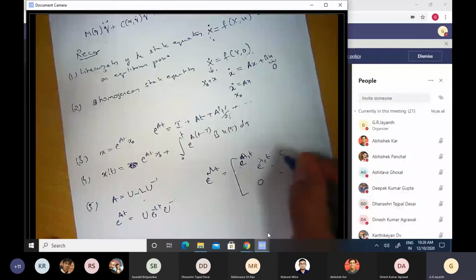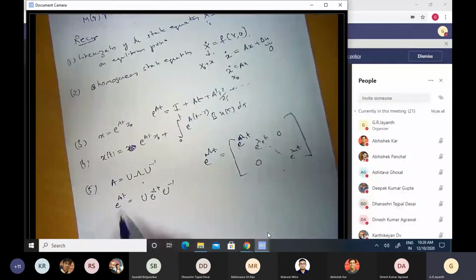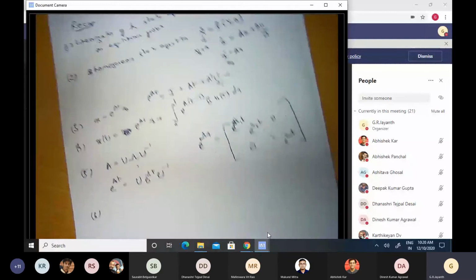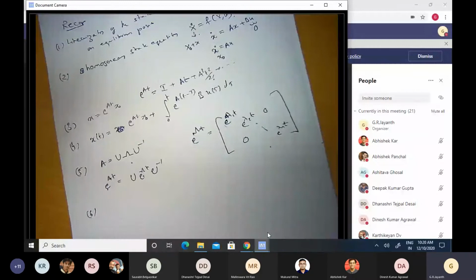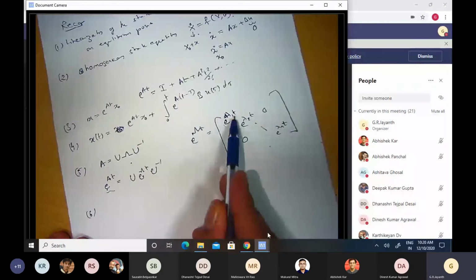Okay, then we saw that our solution, even to the homogeneous problem, involved e to the power At, of course. And therefore, if I release my system from a certain initial condition x0, the way the states evolve as a function of time depends on this term e to the power At, and this we saw in turn is dependent on the magnitudes of these terms, lambda 1, lambda 2, all the way to lambda n.